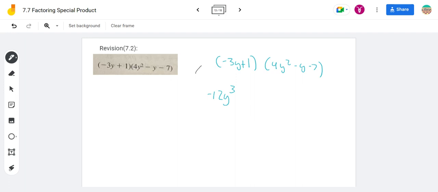Because from the exponent rule, when you multiply the same base, it is like adding the exponents.